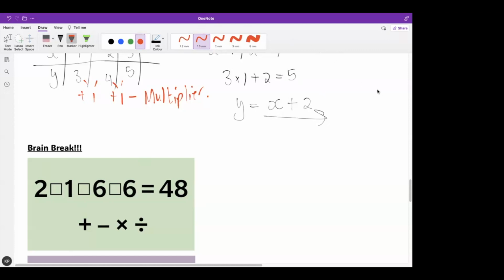Rasau Baka. Woo. Long name. Yes, Rasau Baka. Hi, ma'am. I think I found it. I think it is 2 divided by 1 plus 6 times 6.